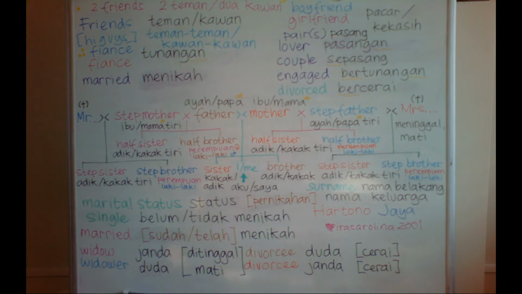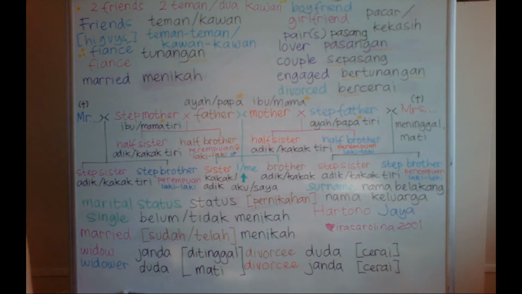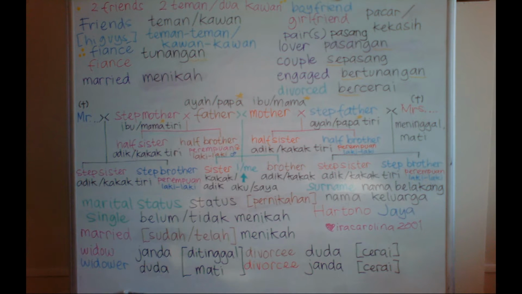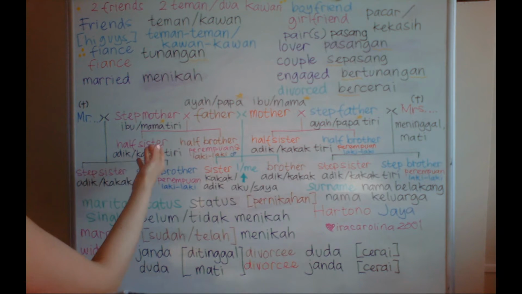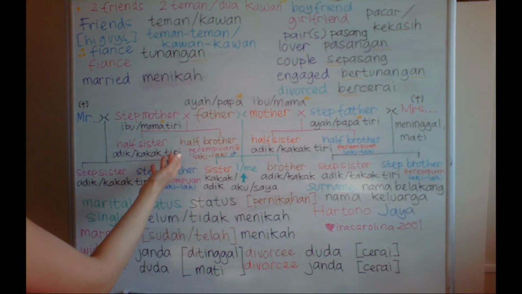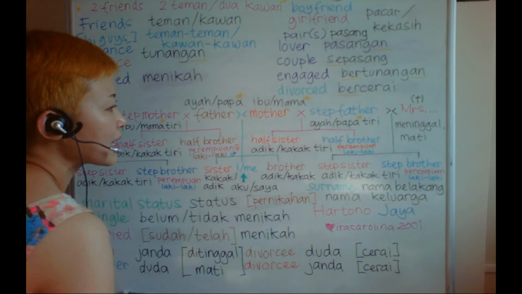If you want to be more specific, you put a space and then perempuan for female, and space laki-laki for male. So, adik tiri perempuan, adik tiri laki-laki, kakak tiri perempuan, kakak tiri laki-laki.